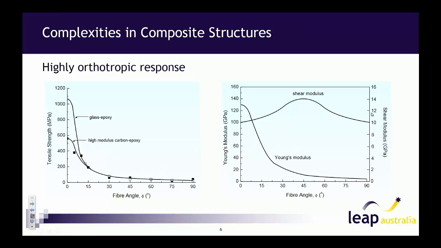Obviously, it's not all good news when we're talking about composites. There are a lot of things that you need to deal with that are far more complicated than what you call an isotropic material. When I was talking about the strength being comparable to steel, that's only when we're loading down the fibres. On the left here, you can see that if we're not loading down those fibres, we lose a lot of the strength.